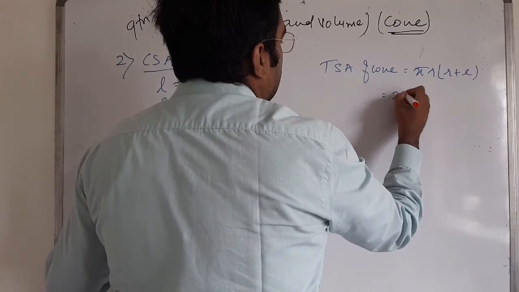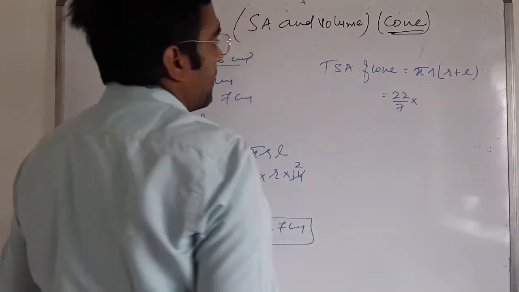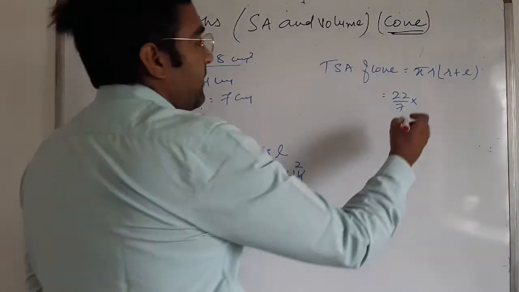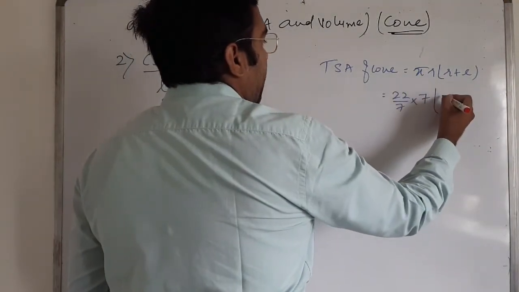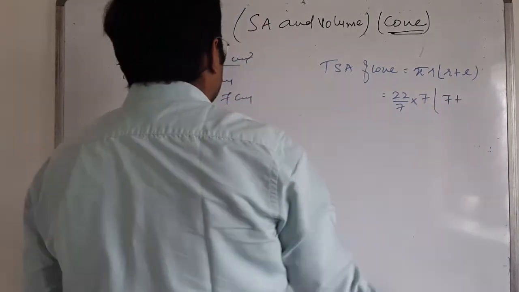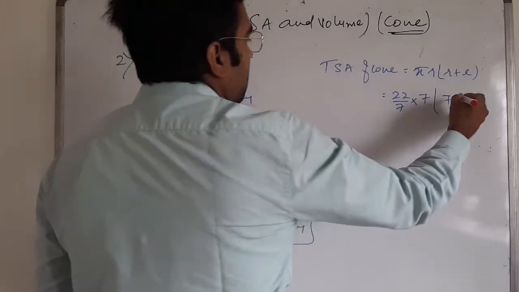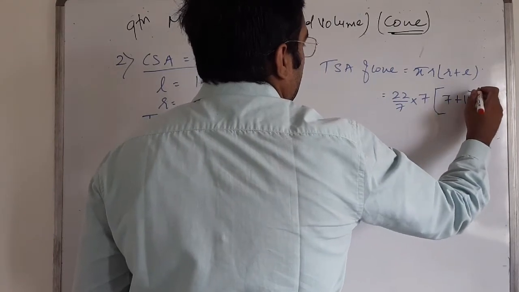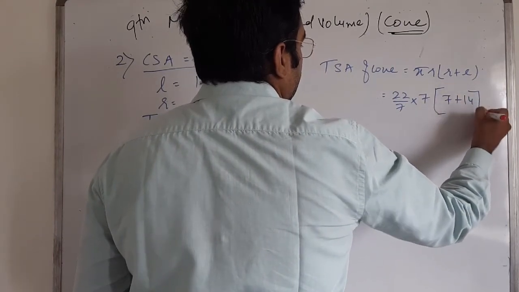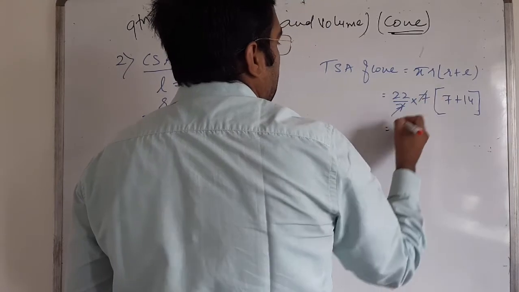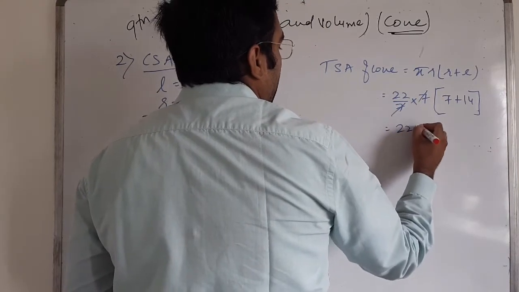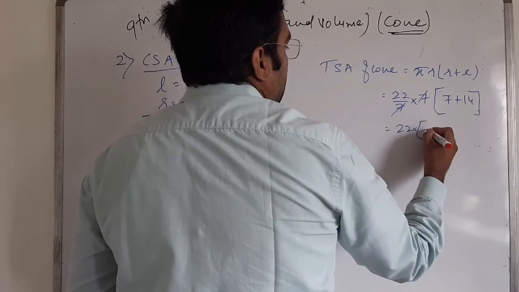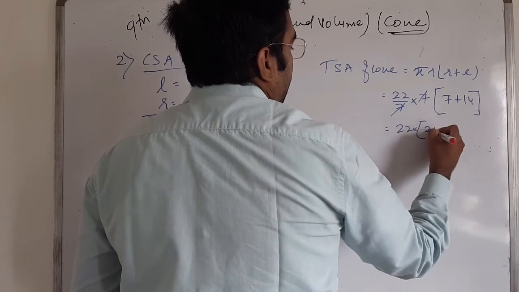So pi is 22/7 into the radius, which is 7, and in the bracket 7 plus the slant height, 14. The 7s cancel out, so 22 into (7 plus 14), that is 21.